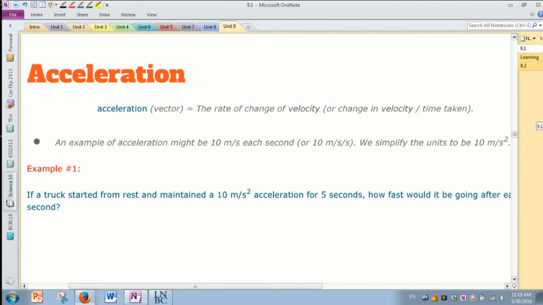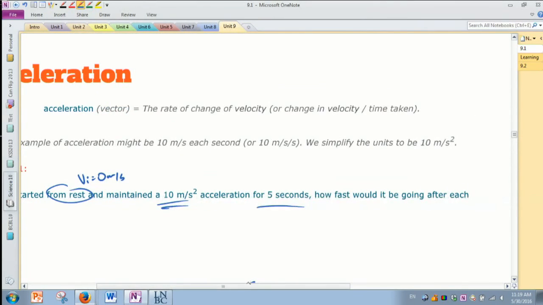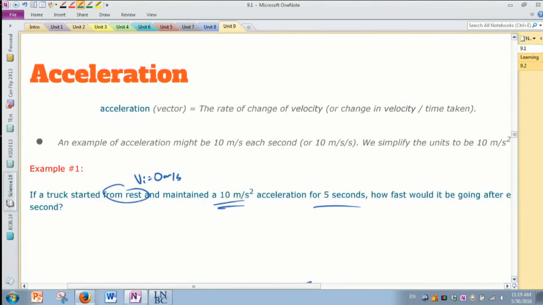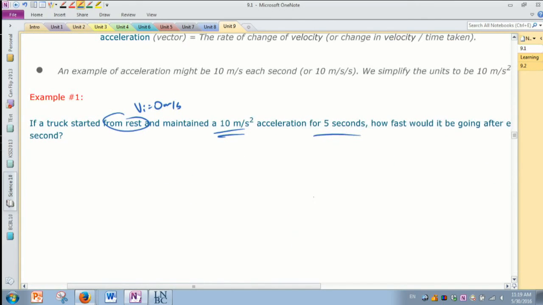All right, let's look at another example. A truck started from rest. As soon as I see from rest, that means my initial velocity is 0 meters per second. And it sped up at 10 meters per second every second for 5 seconds. How fast would it be going after each second? Okay, here's my truck.